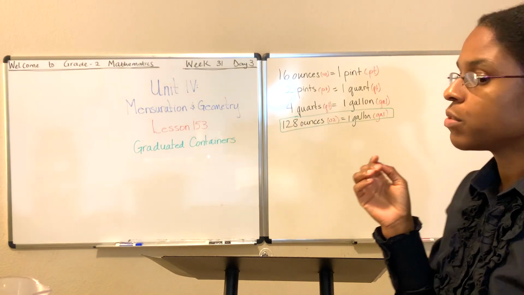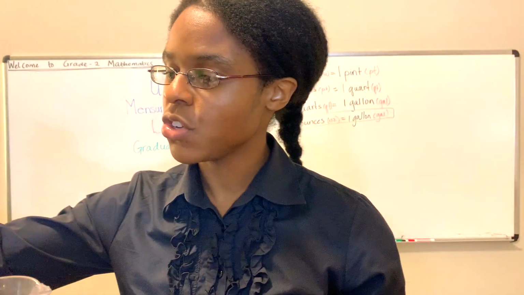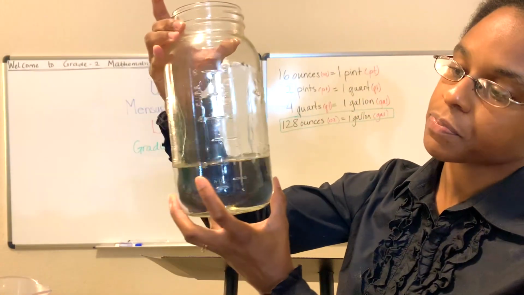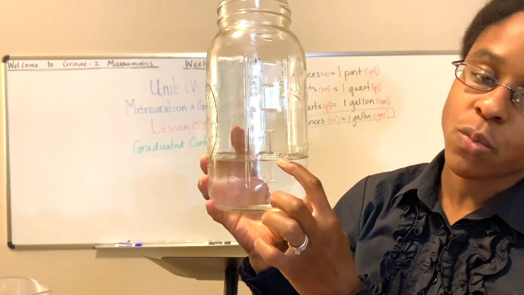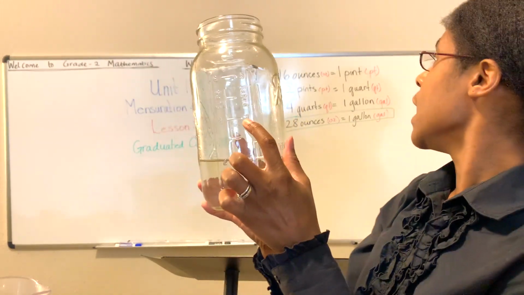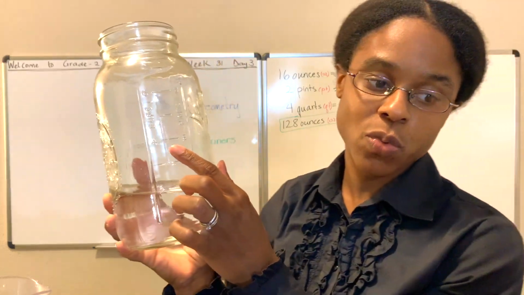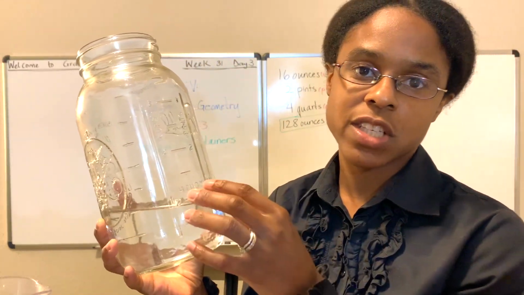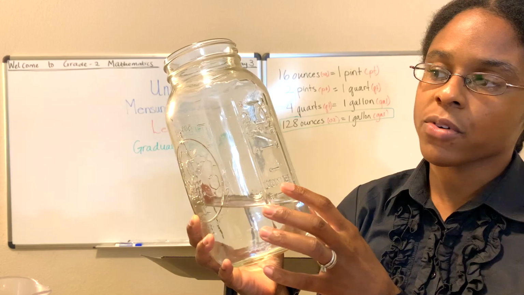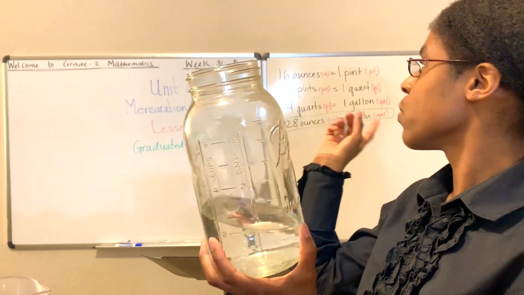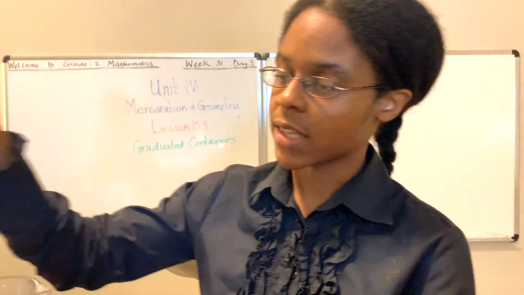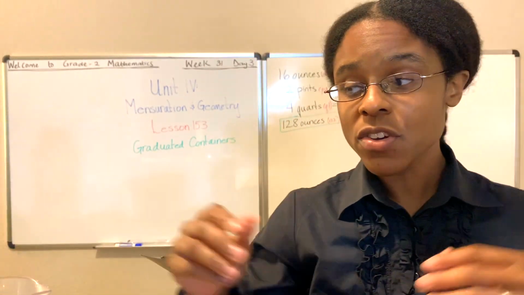So that means that it is true that 16 ounces is equal to 1 pint. If you desire to, you could fill this up to 2 pints. Presently, we have it at 1. You could fill it up to 2 pints and make sure that 2 pints is equal to 1 quart. You can continue to do this until you have the proper number of pints equal to 1 gallon of water, which we won't go into, but you can have some fun with it.